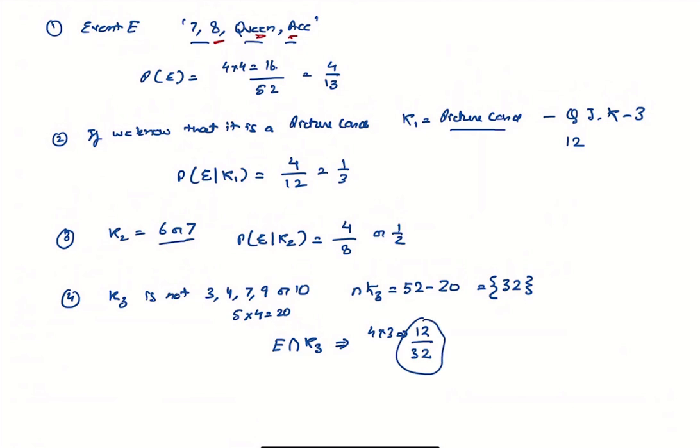So that is the probability of the event, knowing K, based on the Bayes equation, it's going to be E and K divided by K.